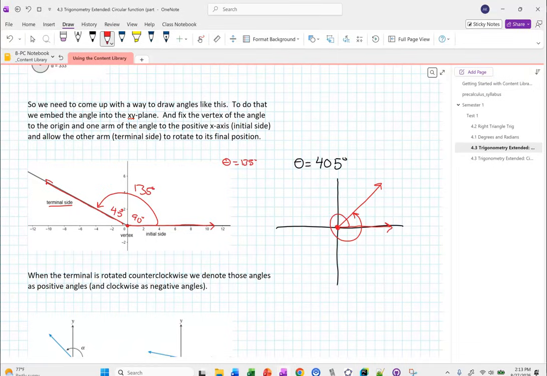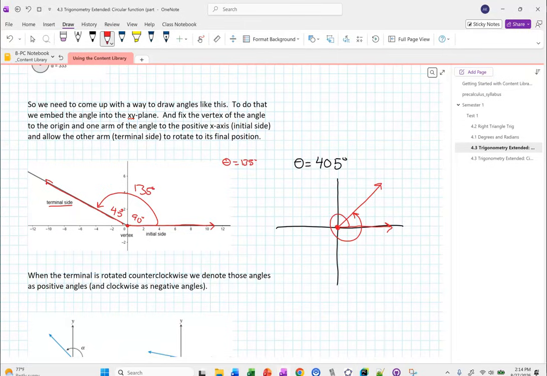If it's 10 degrees past, it should be closer to this end, right? If it's 80 degrees past, it should be closer to this end. If it's kind of in the middle, it should look like it's in the middle. I'm not going to get out a protractor. It just has to be close enough, right? That's all I'm looking for.